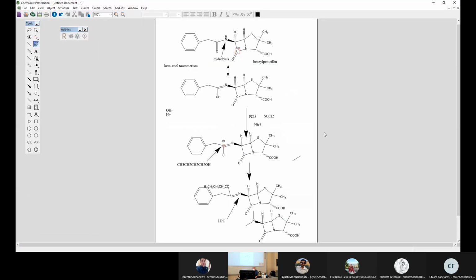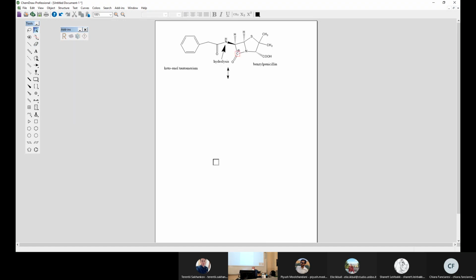If you remember, beta-lactamases are enzymes with a basic group able to attack the positive carbon atom on the beta-lactam ring.